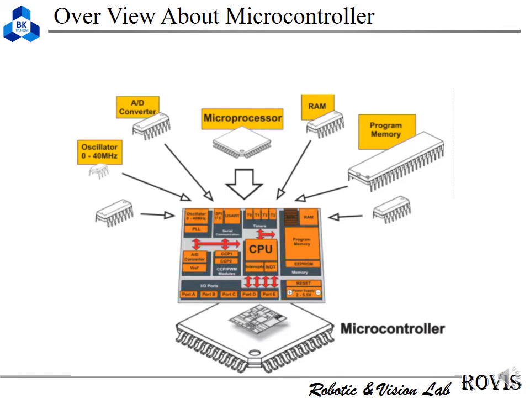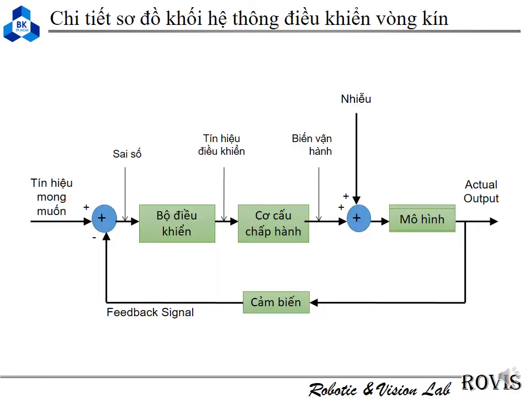First of all, we will discuss the microcontroller. This is a brief review of the definition of the microcontroller. Here we can see some notations. This is microprocessor, and this is microcontroller. So what are the differences between microprocessor and microcontroller?